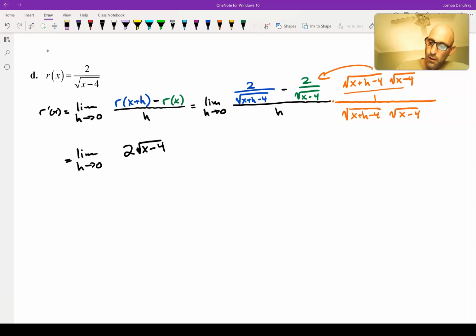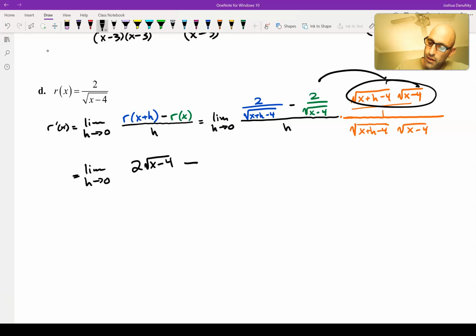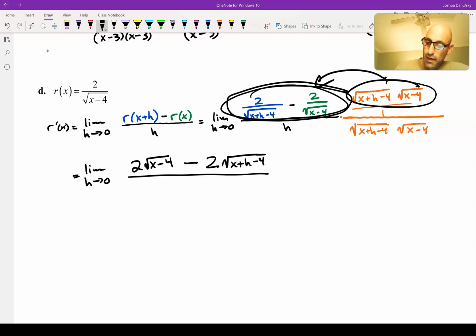Okay, now we have a minus sign. When we multiply this whole thing here, we're going to get a 2, but now this guy is canceling with that guy. And so we end up with the 2 times the square root of x plus h minus 4 all over. The denominators up here went away because they both canceled off.